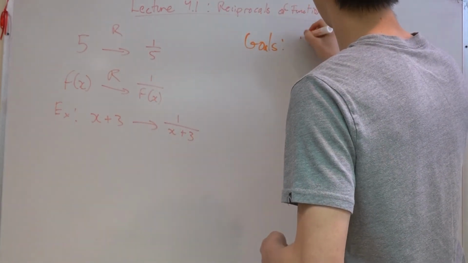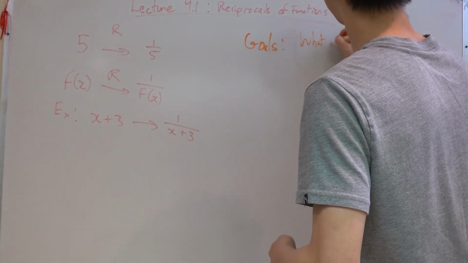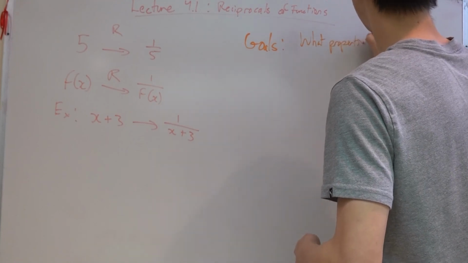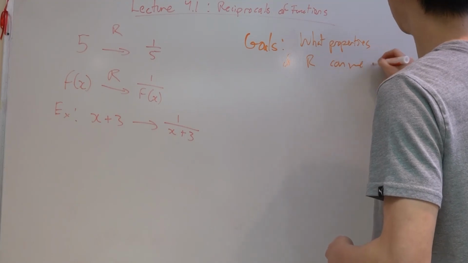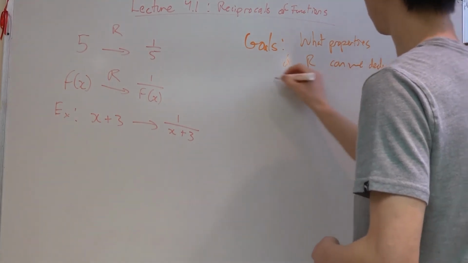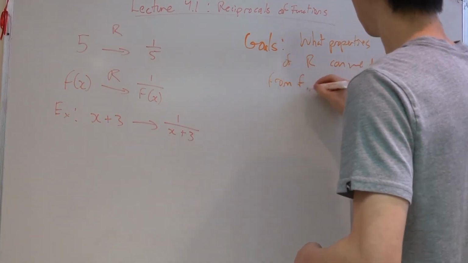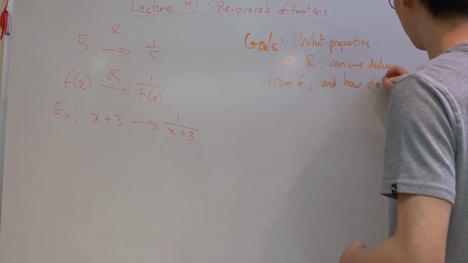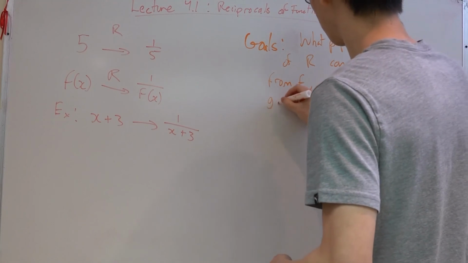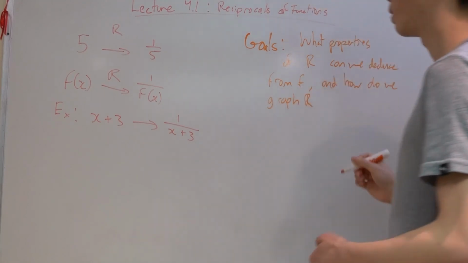Now what we are interested in, and our goals for today, are to figure out what properties of the reciprocal function r we can deduce from f, and how do we graph r. Okay?